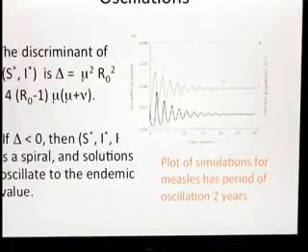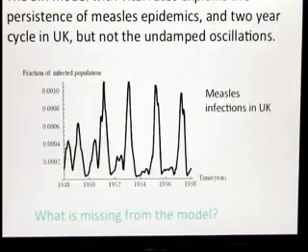Now, if you put in realistic parameters for measles, let's go back to this slide, which I essentially showed you last lecture. This is actual data from England, or from the UK, I should say, from 1948 to 58. It's the number of infectives that's actually reported every week, but I think aggregated to every month, but that doesn't matter.